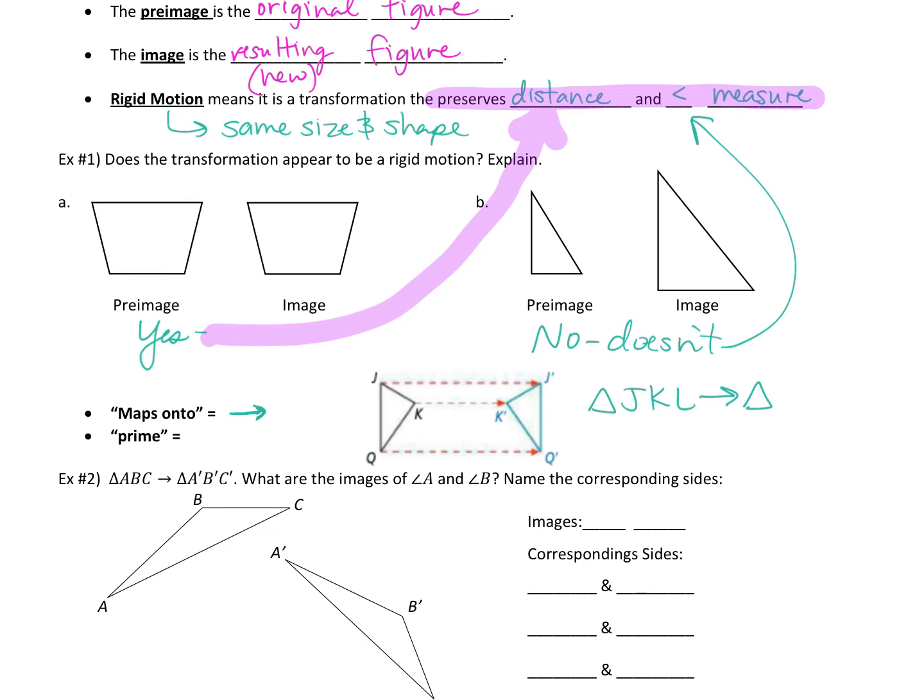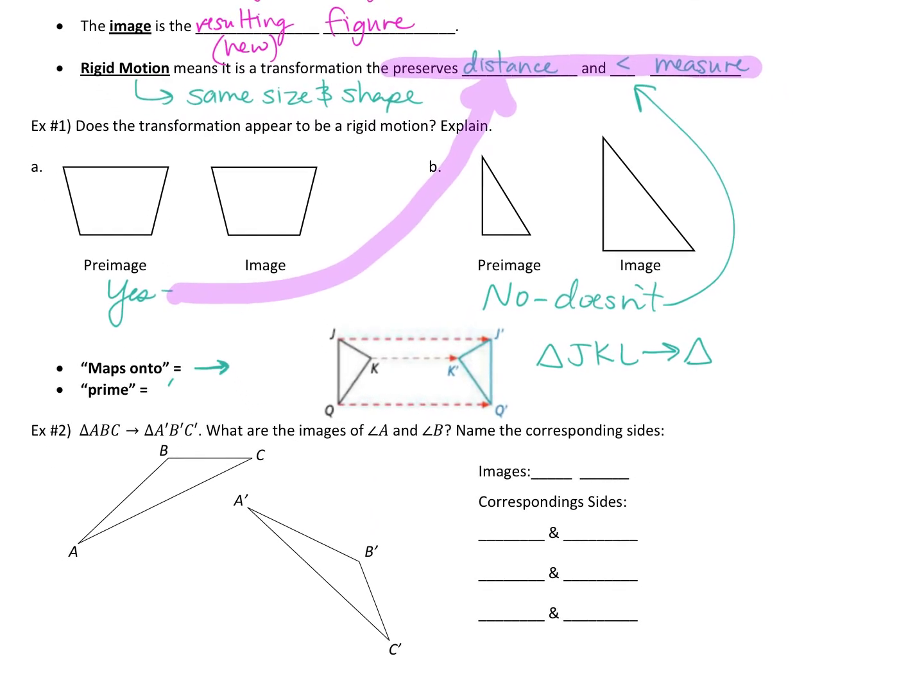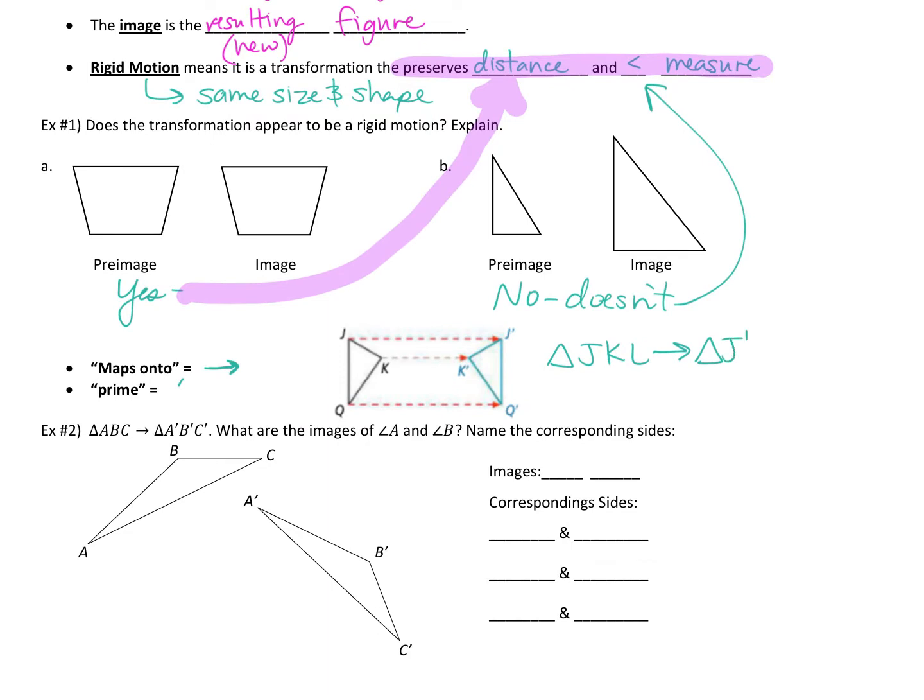Prime is always just going to be a little hash mark. So we would write this as triangle J prime, K prime, L prime. Oh, not L, Q, sorry. I just assumed L. Those are Q's. JKQ maps onto J prime, K prime, Q prime.